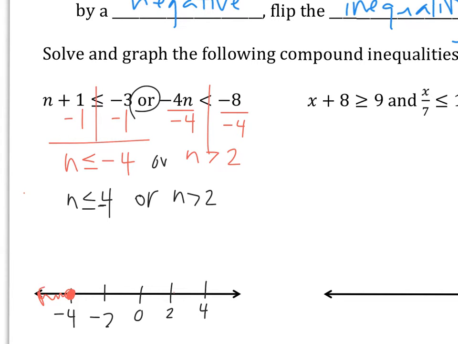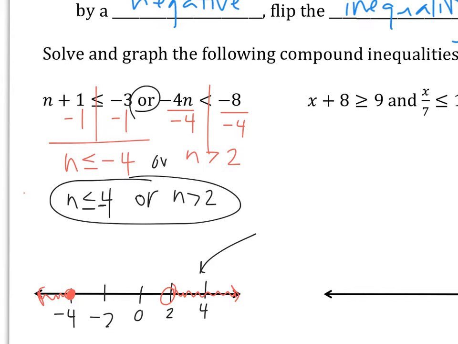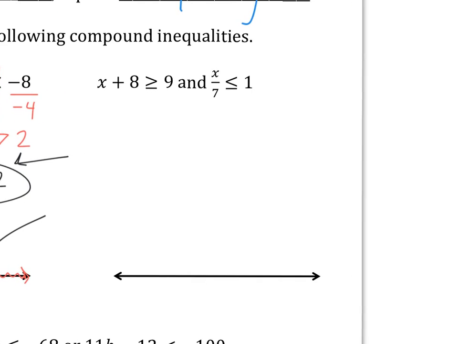And n is greater than 2 has an open circle at 2, shading to the right. And so this would be my answer written out: n is less than or equal to -4, or n is greater than 2. And then here would be the graph that follows my solution set, which is right there. Okay, let's take a look at the second example.